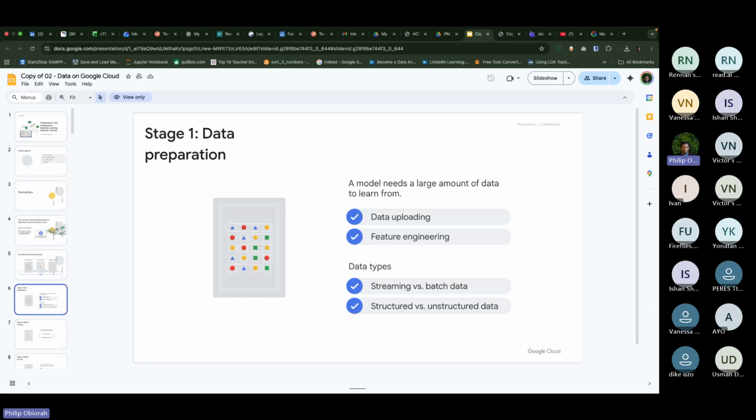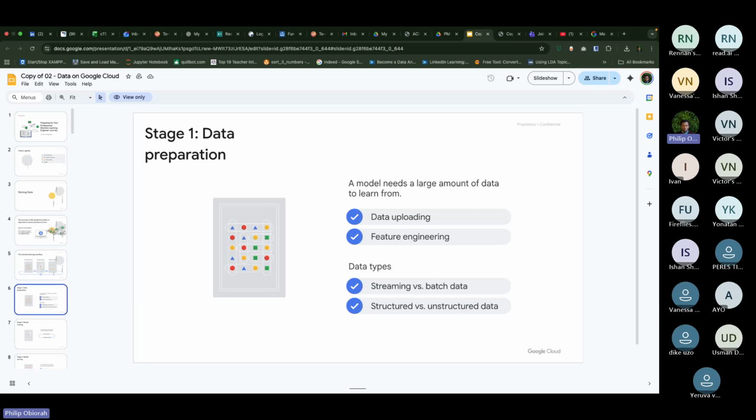Convert some data types if we need to, remove some incorrect data on the rows, on the columns. We might need to combine some features to get more columns.